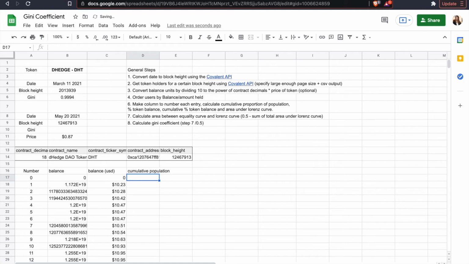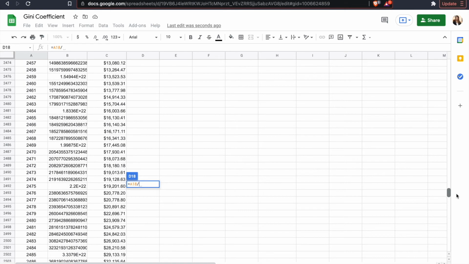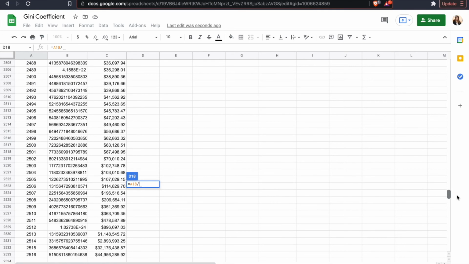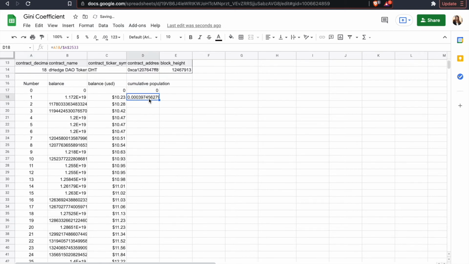And what that looks like is, I'll just calculate it, 1 over the total number of wallets, which in this case is, there we go. I'm going to bring that down.